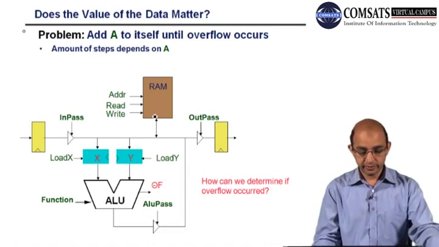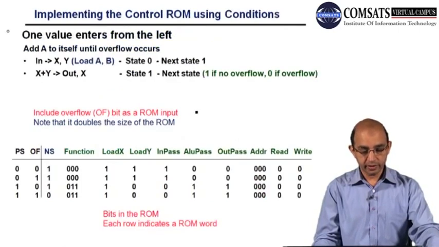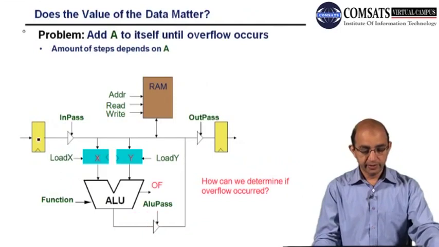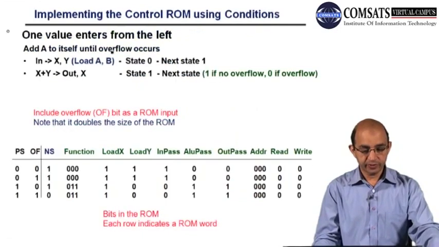There is no indication that an overflow has already occurred. Here you can see that one value enters from the left. So if I go back, this is left, one value enters from the left, and we add A to itself until overflow occurs.